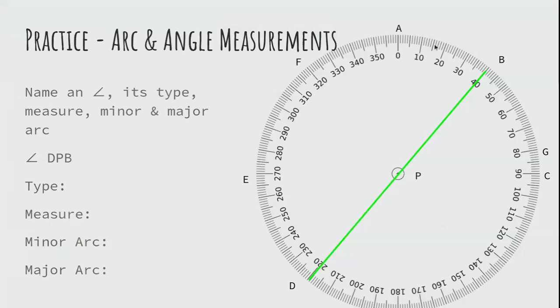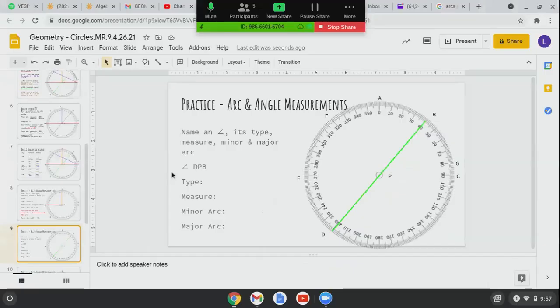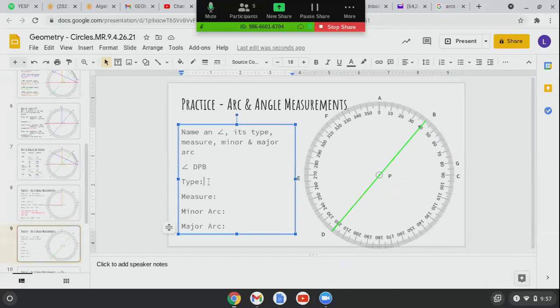Everybody got it, yep. So, it's a straight angle. And as it relates to the circle, it goes from one side of the circle to the other through the center. That makes it a, what's the line?